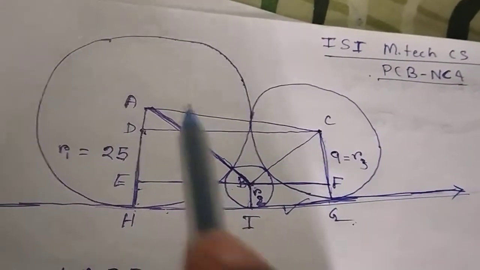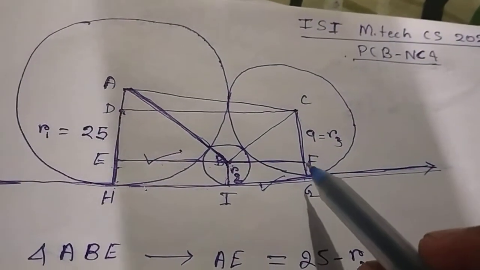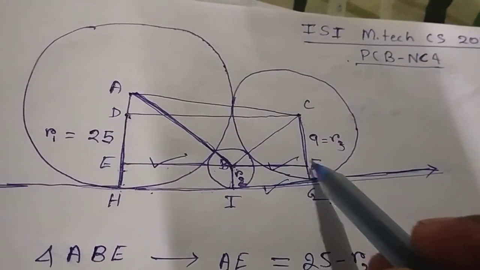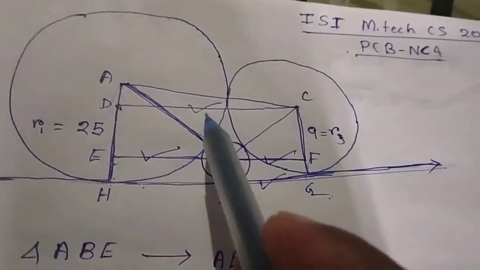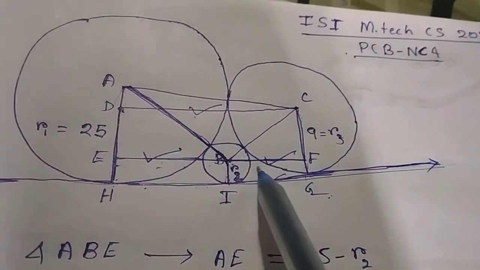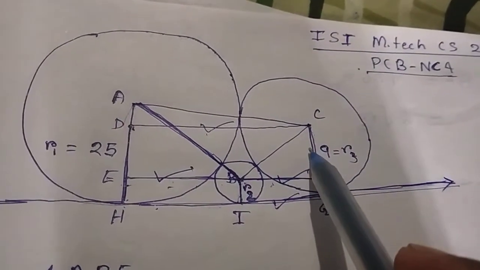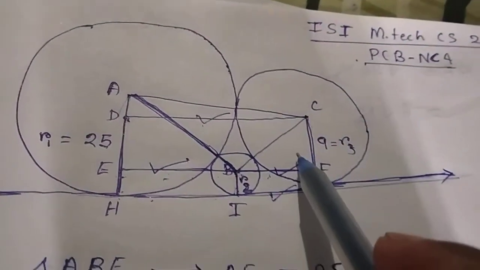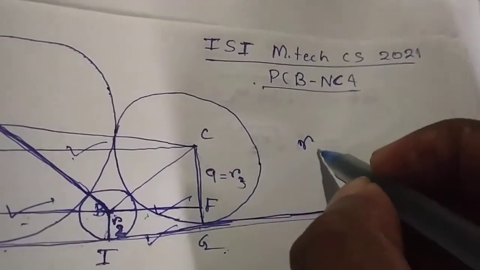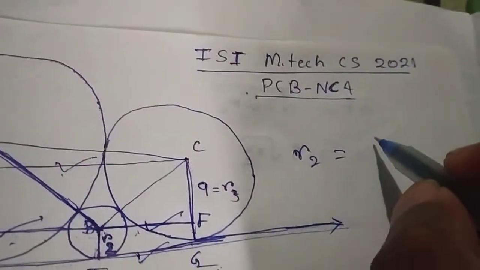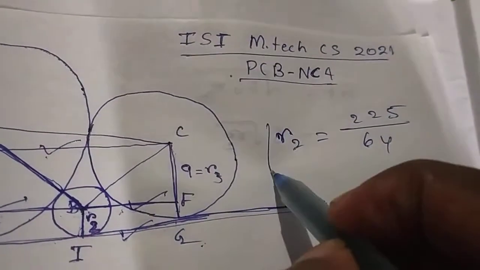Then from this right angle triangle I have found this, and from this triangle I have found this one, and then from this triangle I have found this one. After that I compare this with the summation of this, which should be equal, because we have drawn it that way. So from there we got that R2 is equal to 225 by 64.